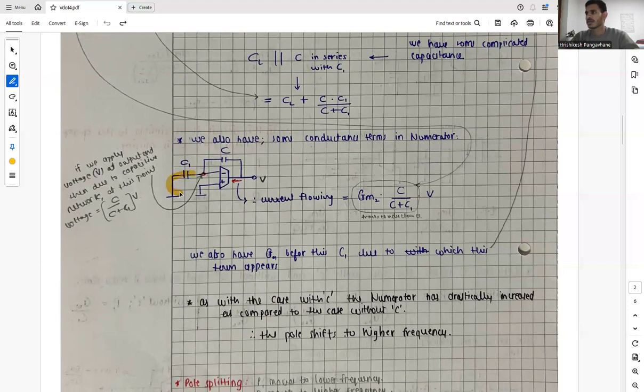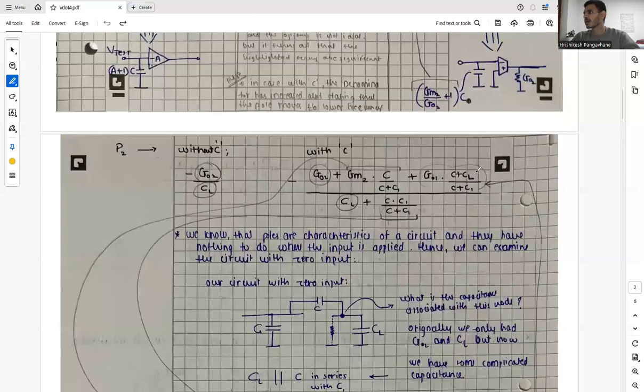C1. So before this C1, we also have GO1 over here, and the numerator has drastically increased as compared to the case without C. So let's see how. But before that, due to this GO1 present here, this term appears. So now we can see the weight of the numerator is increased as compared to the one we originally took.